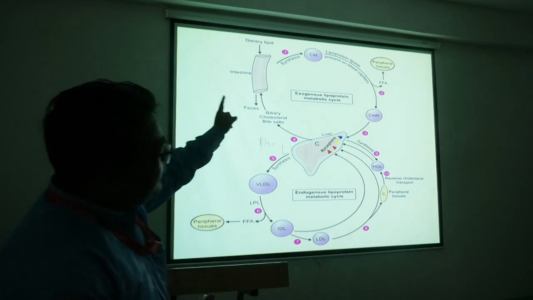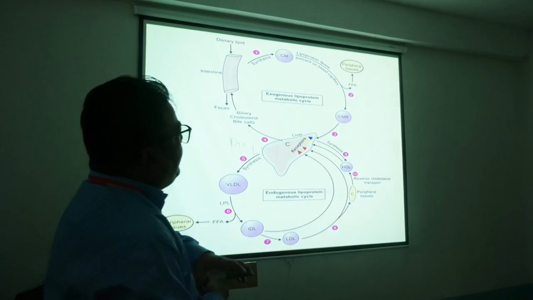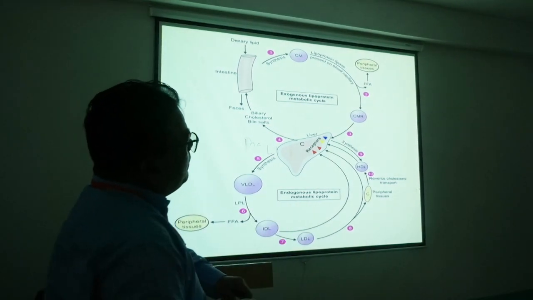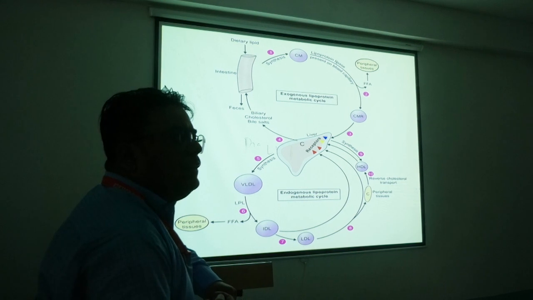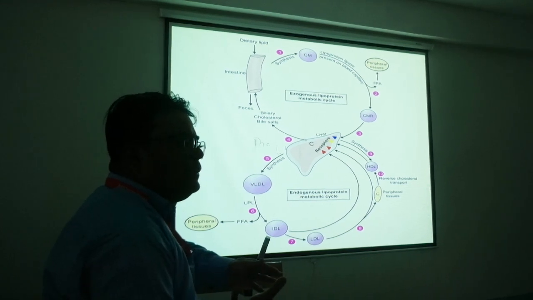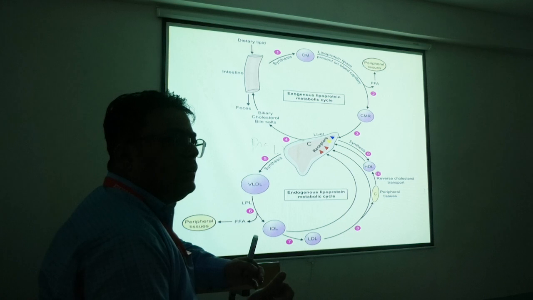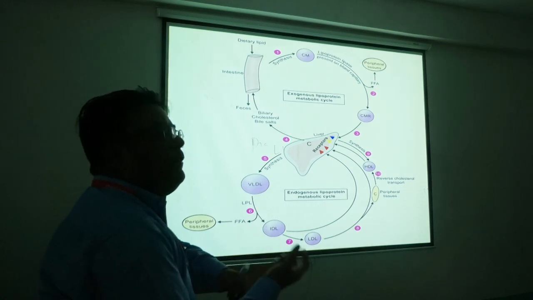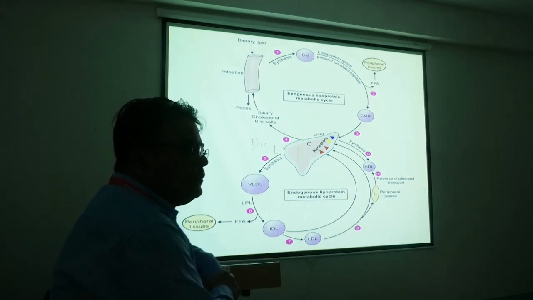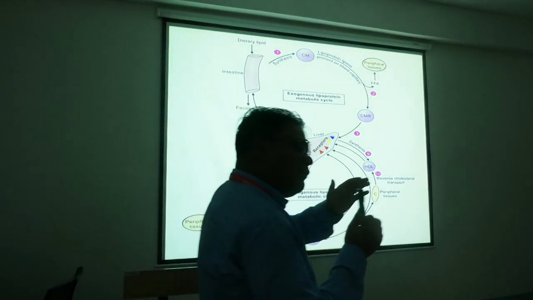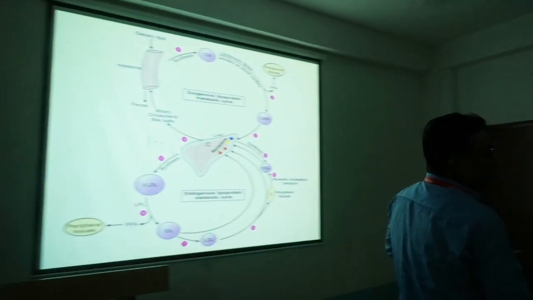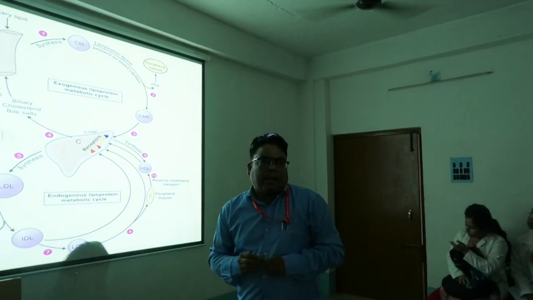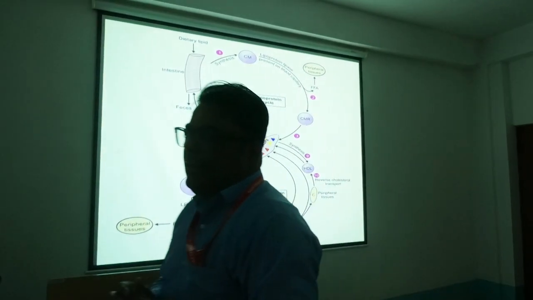By the lipoprotein lipase, it forms chylomicron remnant. Okay? Because by the lipoprotein lipase, what happened? Lipoprotein lipase breaks down the molecules and converts this molecule up to free fatty acid.